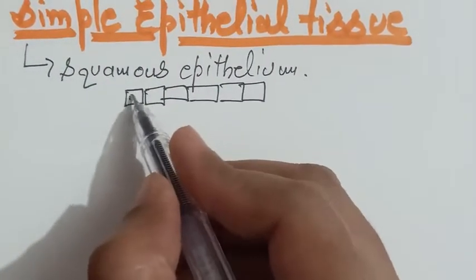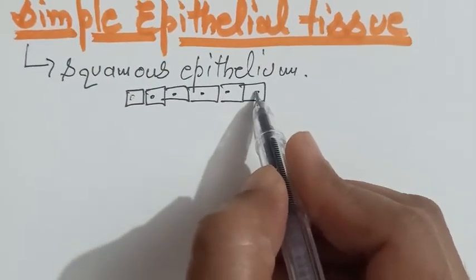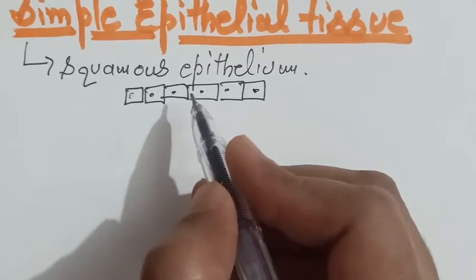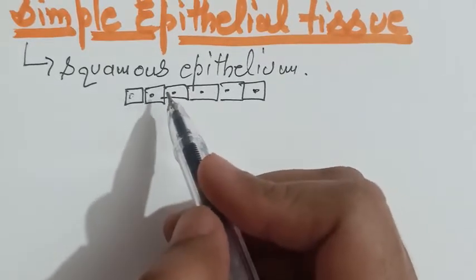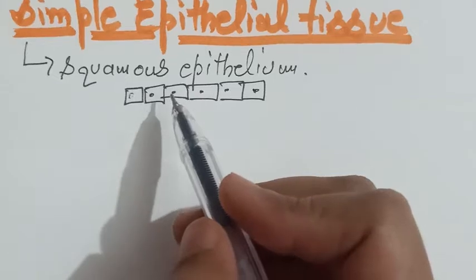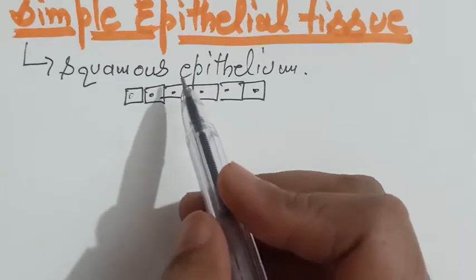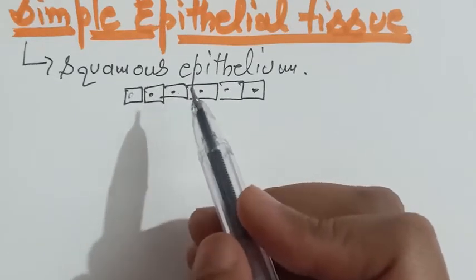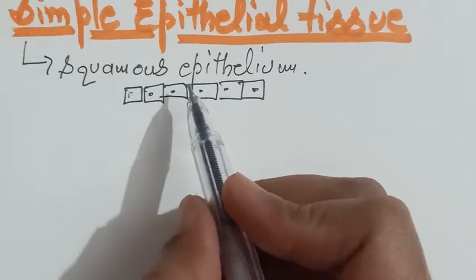So they are flat square shaped cells, and the primary function is to provide protection from injury and entry of germs. They form the outer layer of skin.